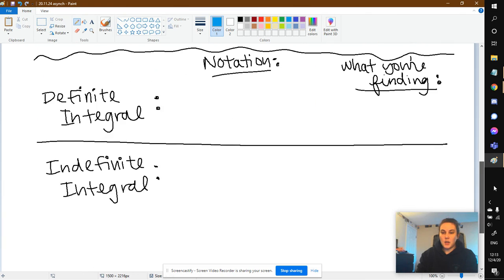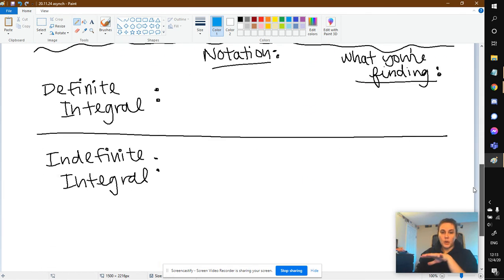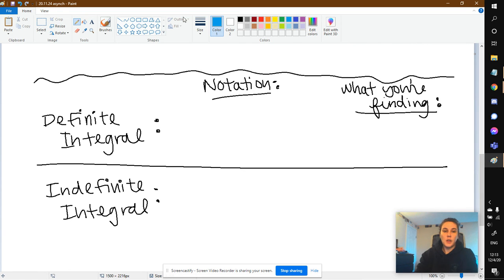And then down here, these were all definite integrals, and the things we've been working on in class so far have been definite integrals. The notation is, let's make it red, from a to b, the integral of f of x from a to b.